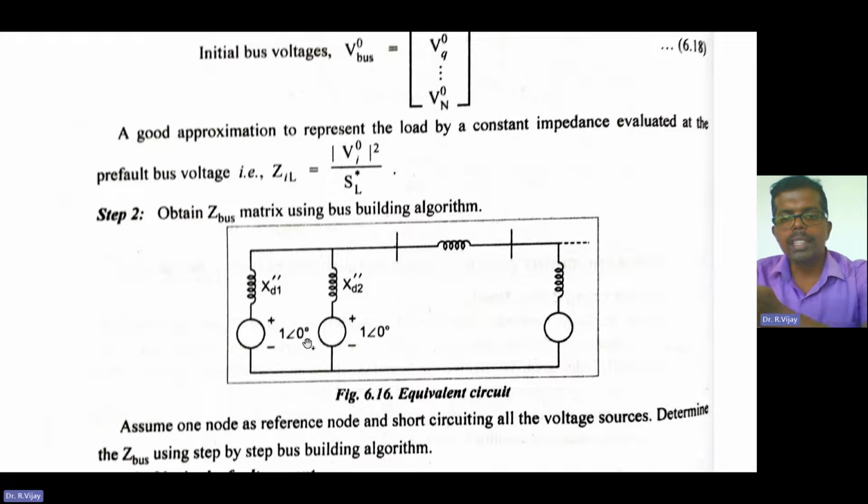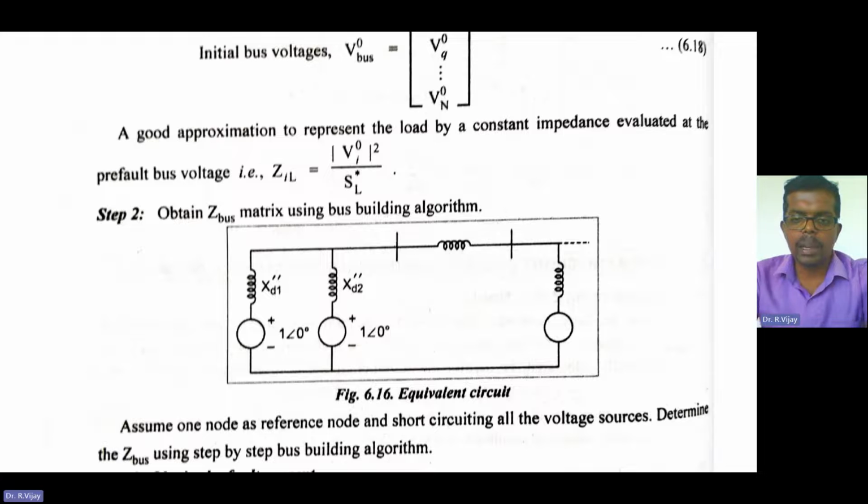Whether the generator rating is 25 kilovolt or 11 kilovolt, when you convert it into per unit, it will definitely come to 1 per unit. So the voltage value here is 1 at the angle of 0, that is 1 plus j0. If you want the actual value, you need to multiply with the base values and you can get that voltage.